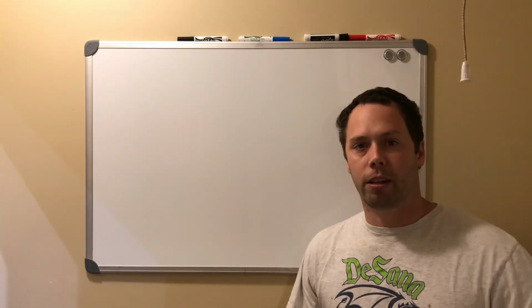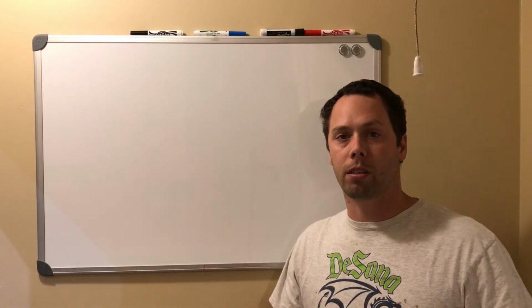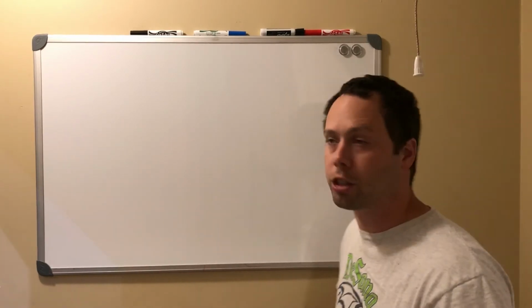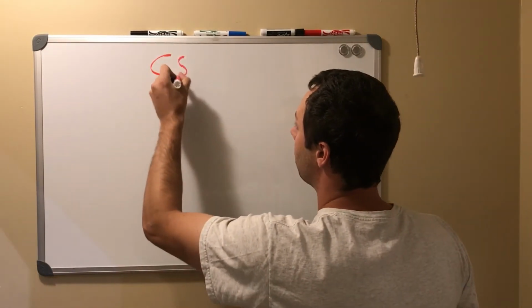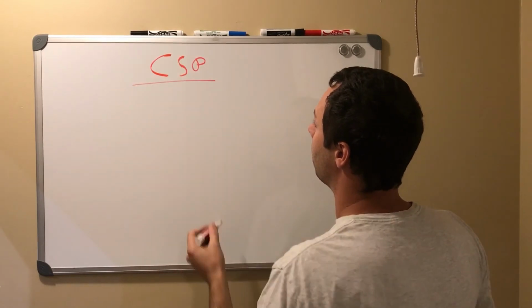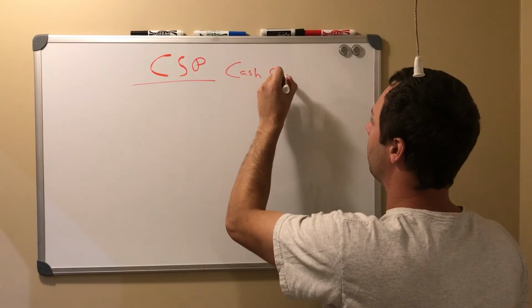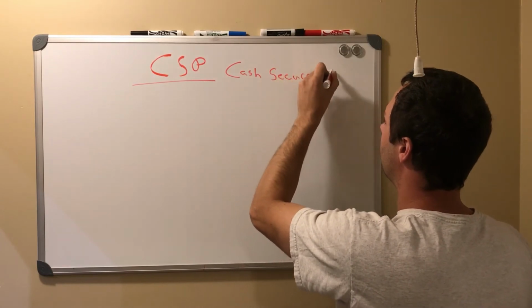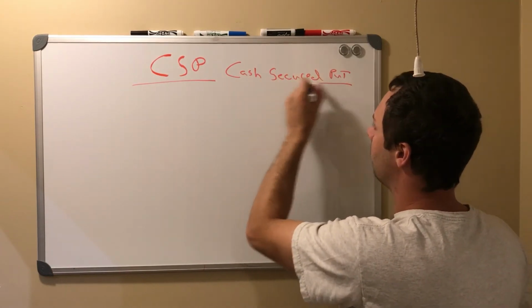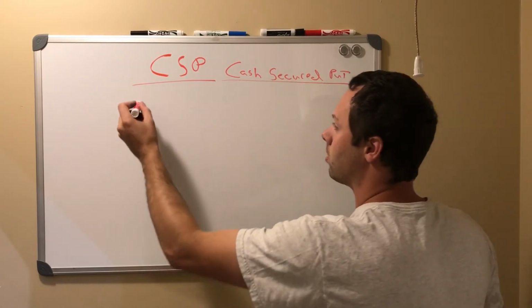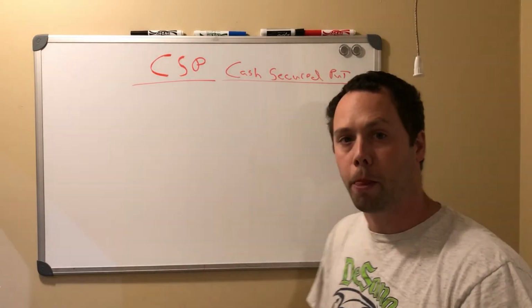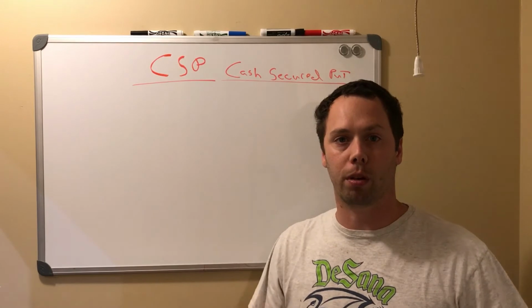So let's go ahead and go over to puts. So we're going to be talking about selling puts, or a cash secured put. So what is a cash secured put?